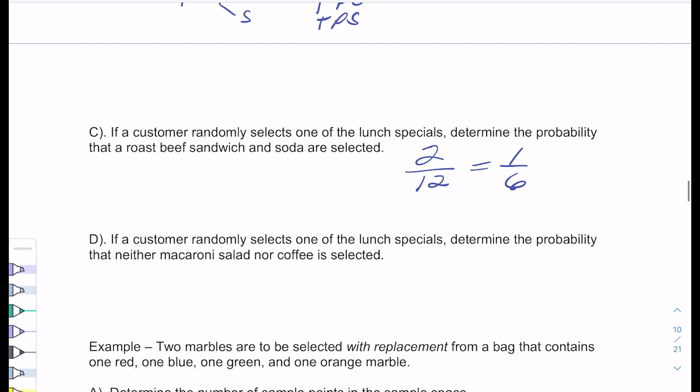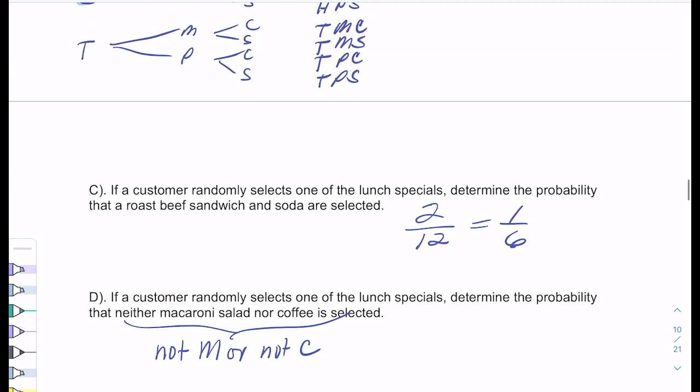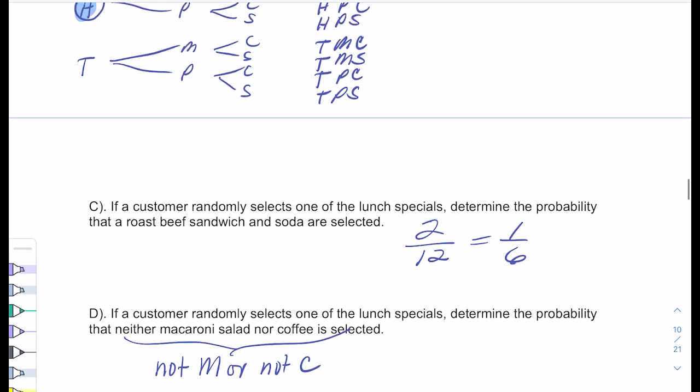If a customer randomly selects one of the lunch specials, determine the probability that neither macaroni salad nor coffee is selected. So neither and nor basically mean not macaroni or coffee. So I'm going to go through and I'm going to count how many places we don't have macaroni or coffee.